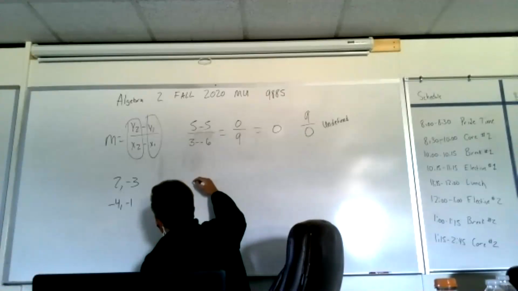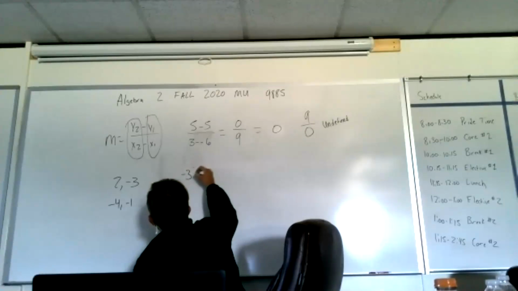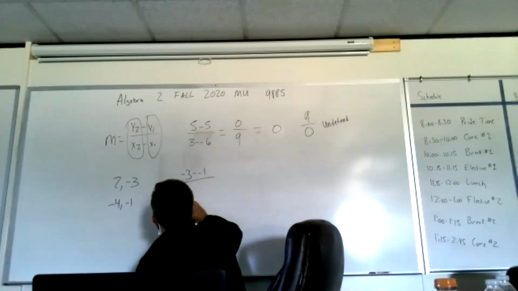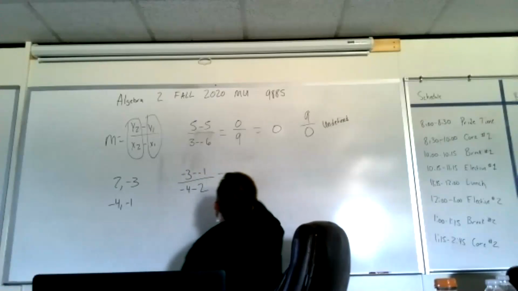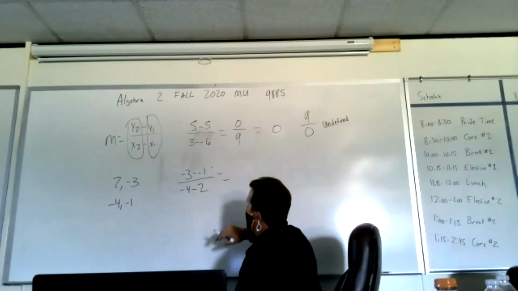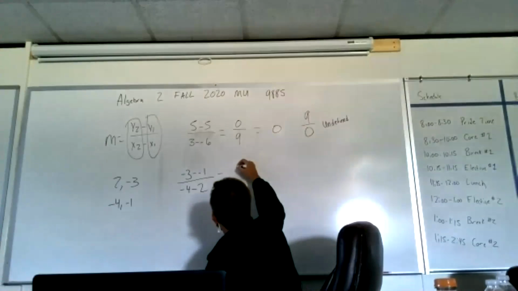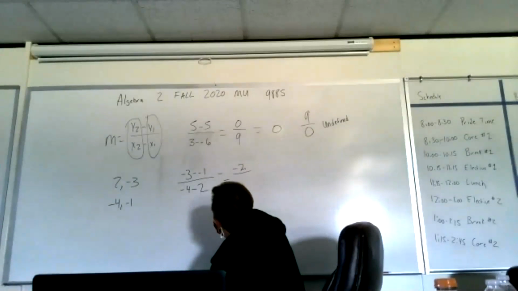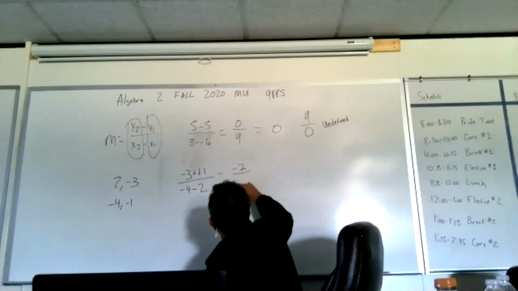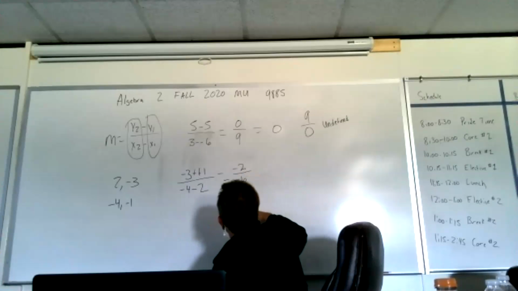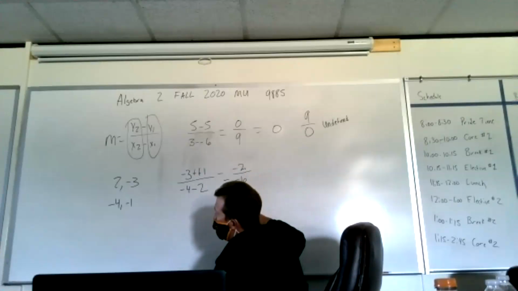On the top, I'm going to go -3 minus -1, and on the bottom, -4 minus 2. -3 minus a -1 is really adding 1 to a negative, so that's going to give you -2. -4 minus 2 gives you, I might have done that wrong. Did I write it wrong?